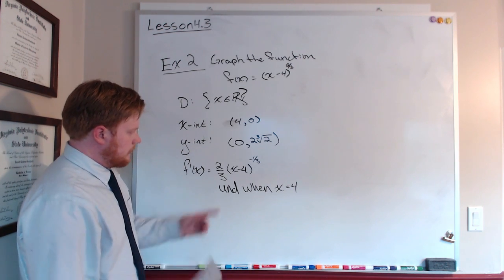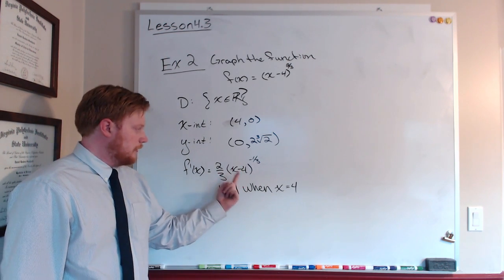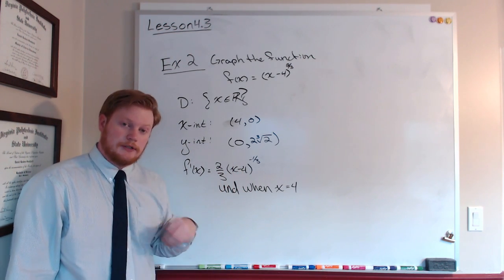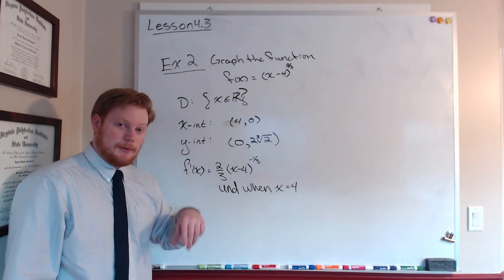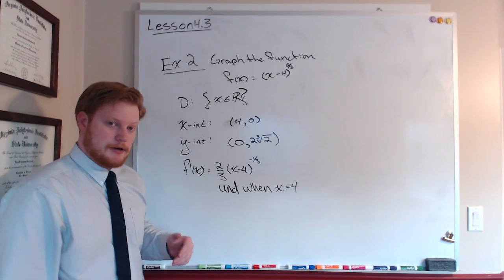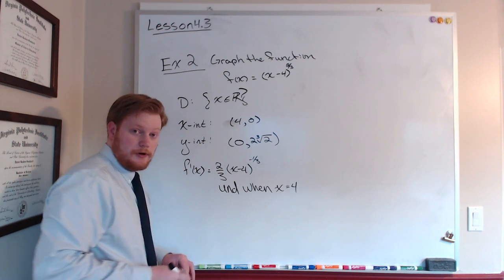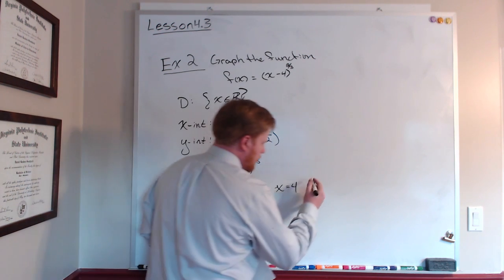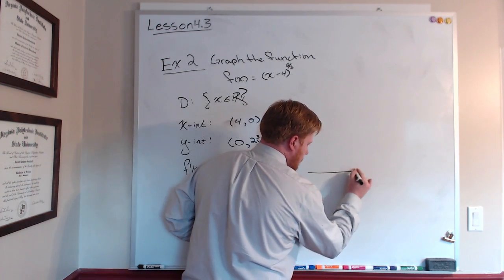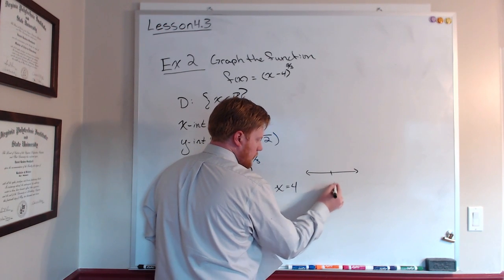When x is equal to 4, I get the cube root of 0 in the denominator, so I end up dividing by 0. So this is undefined when x is equal to 4. That means there's something weird going on there.